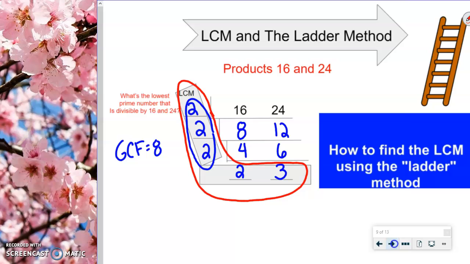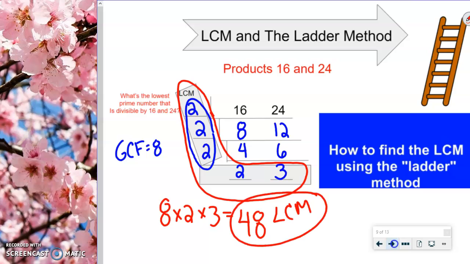And if you notice, the shape I made with the red kind of looks like an L, and that helps me remember that to find my LCM, I need to multiply all of those numbers together. I know this part here, the 2 times 2 times 2, was 8. Then I just have to multiply that by these two numbers here on the bottom, and that gives me my LCM, which is 48.